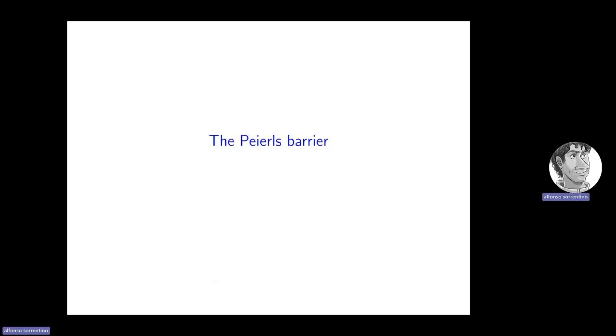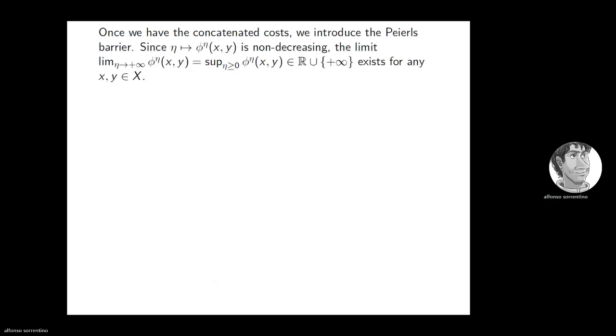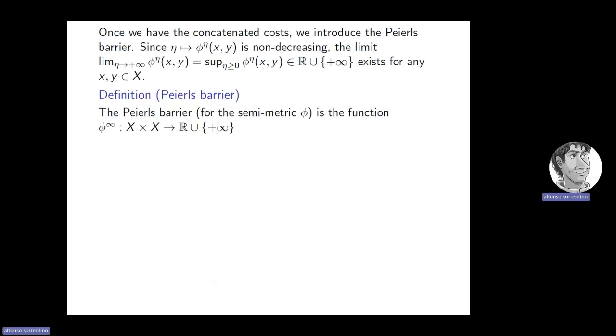Now let me come to the pairs barrier. So we have the concatenated cost. Eta maps to phi eta xy is non-decreasing, so there is a limit as eta goes to infinity, which is the sum. This is exactly the pairs barrier, the sum of the concatenated cost.